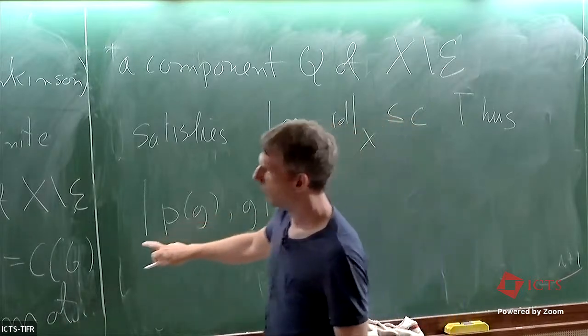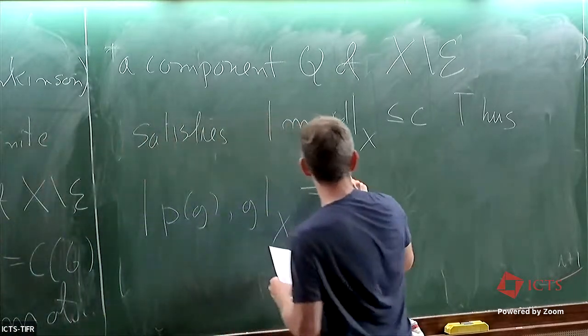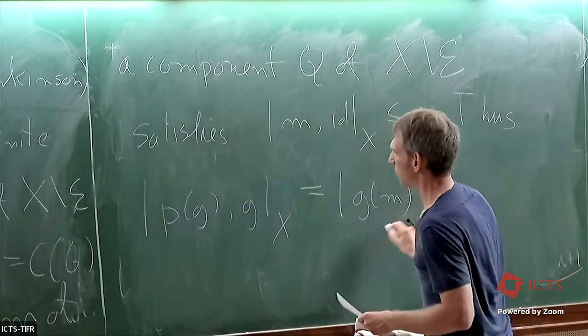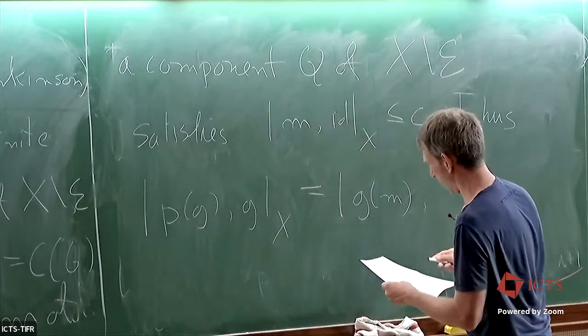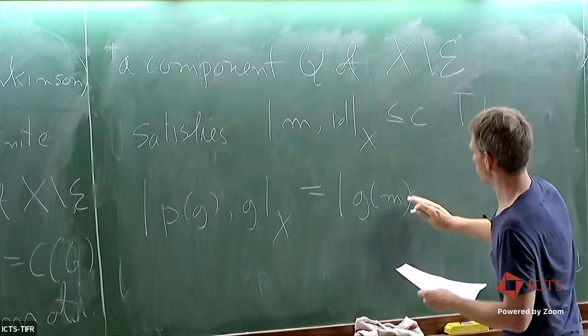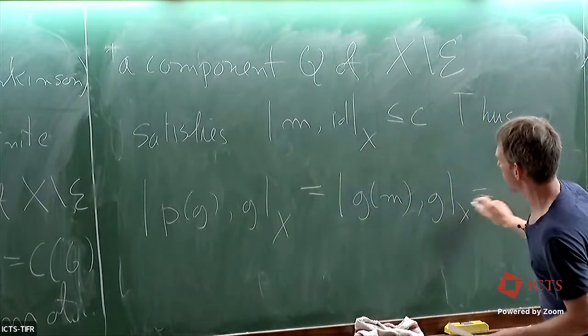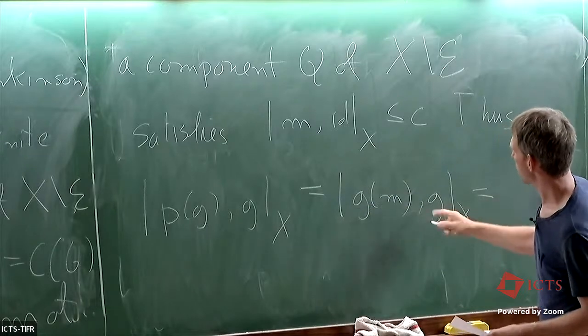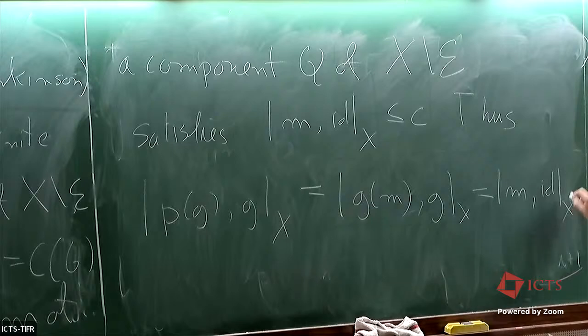But we constructed a moment ago the voracious projection as the translate of M. And G was the translate of identity. So for the moment, it's just P of G is equal to G of M. And now, multiplying by G inverse on the left, this is just the distance between M and identity in the Cayley graph.